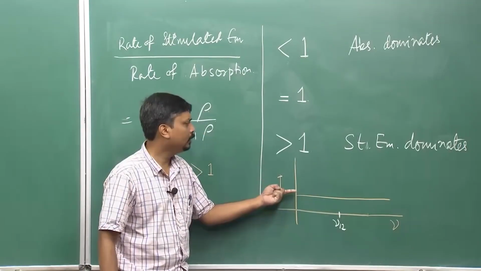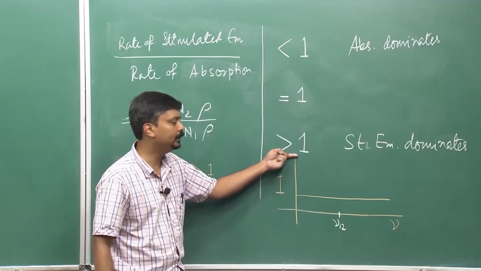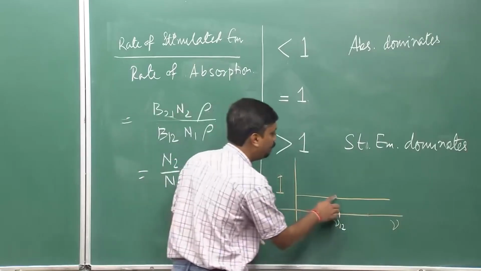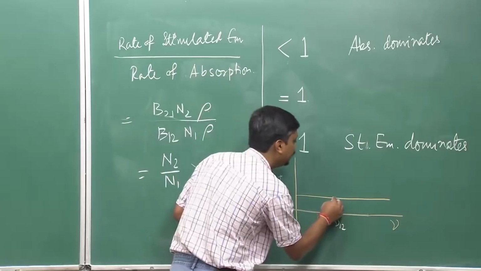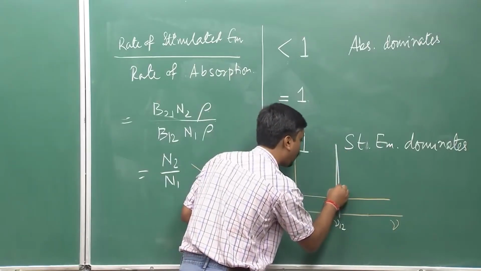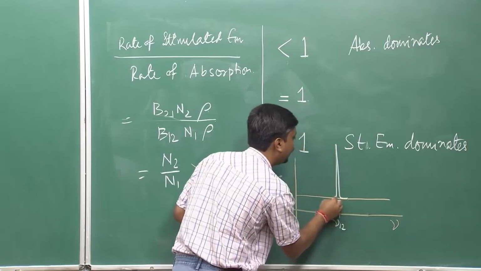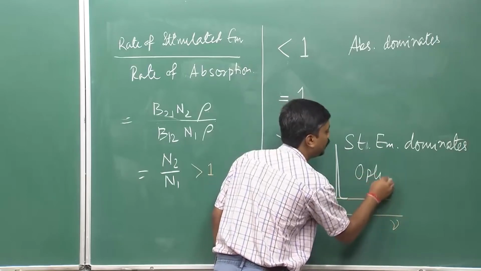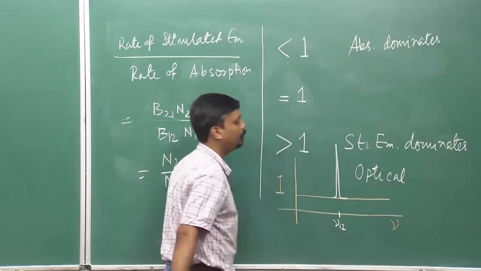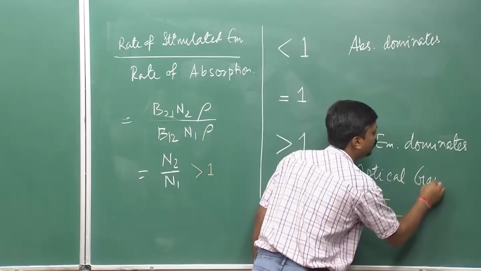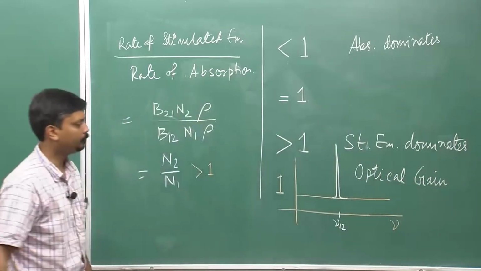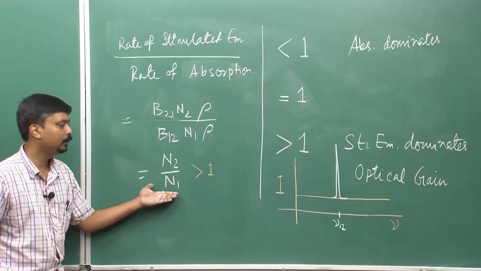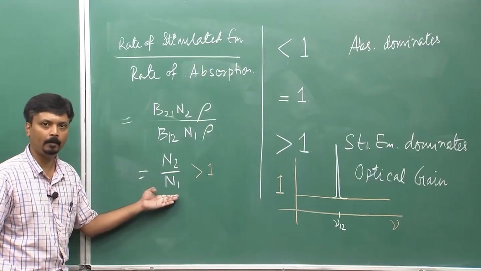So, if I come to this particular condition, then I have many more photons than I have already used. Therefore, at that particular frequency, I will see a net gain. This is not any other type of gain, it is called optical gain at this particular frequency when we can achieve this condition N2 by N1, all right.